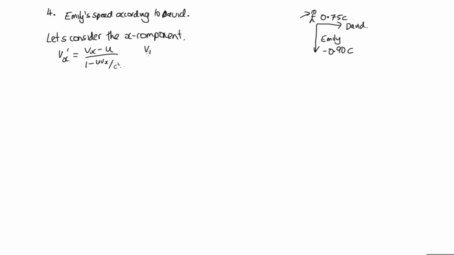Okay, so vx prime is the speed of the object as measured in the new frame. So the speed of Emily as measured by David, which is good because that's what we want to find. Vx is the speed of the object in the unprimed frame.